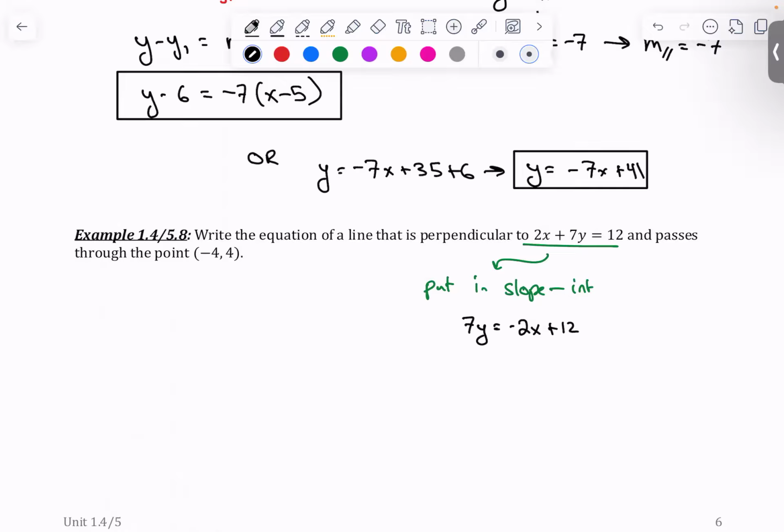We'll divide both sides by 7 to get y equals negative 2/7 x plus 12/7. Any questions on any of the algebra there?